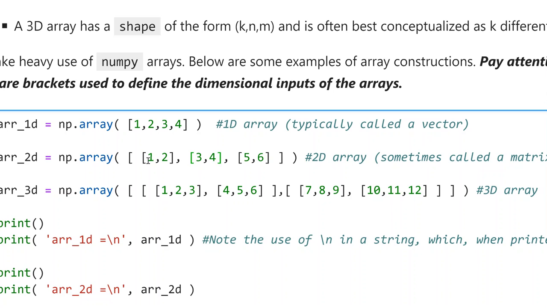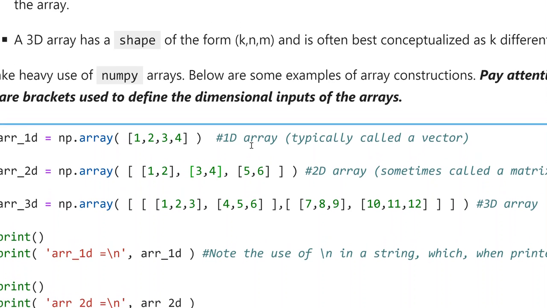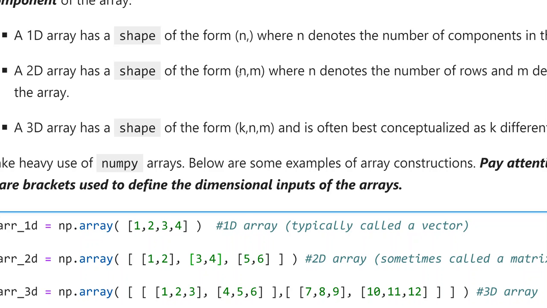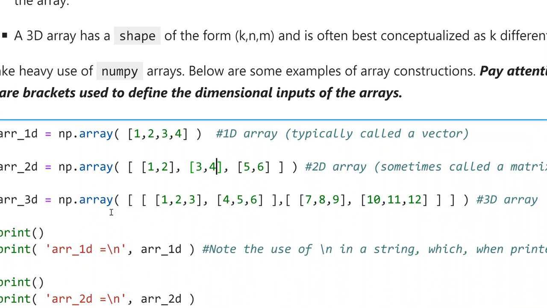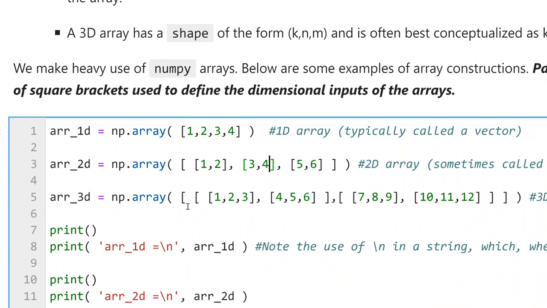So this is an array that should have 3 rows. The first row is 1, 2, the second row is 3, 4, and the third row is 5, 6, which means its shape should be what? 3 by 2.